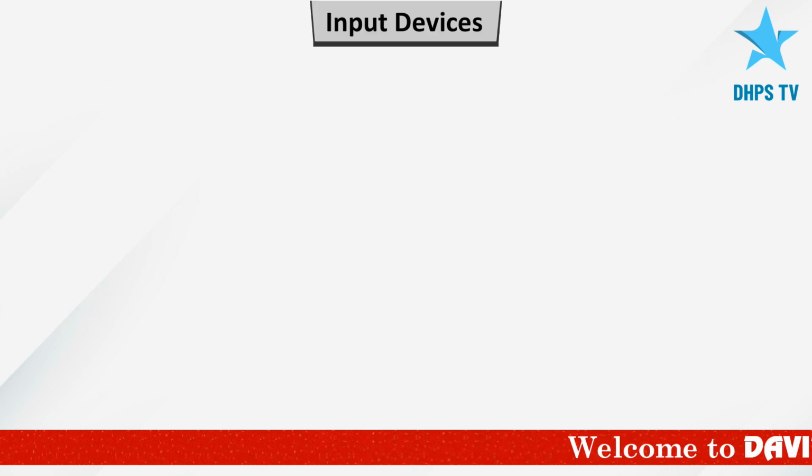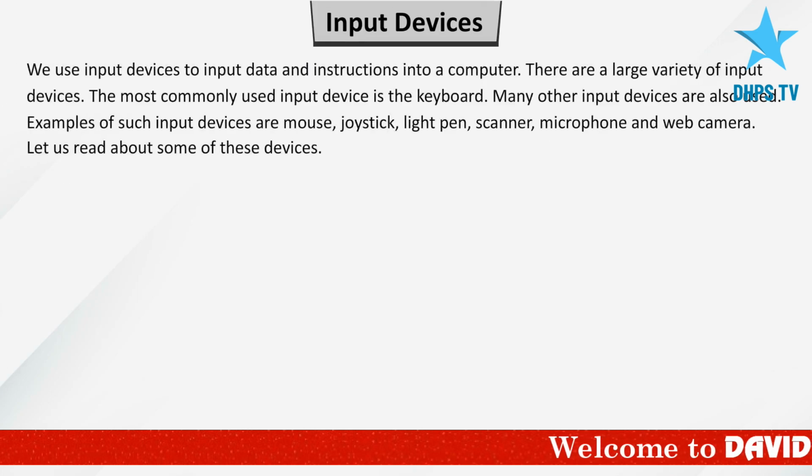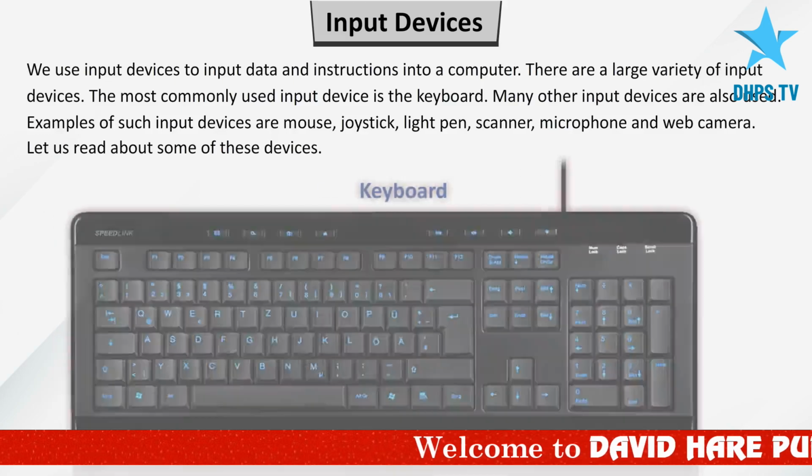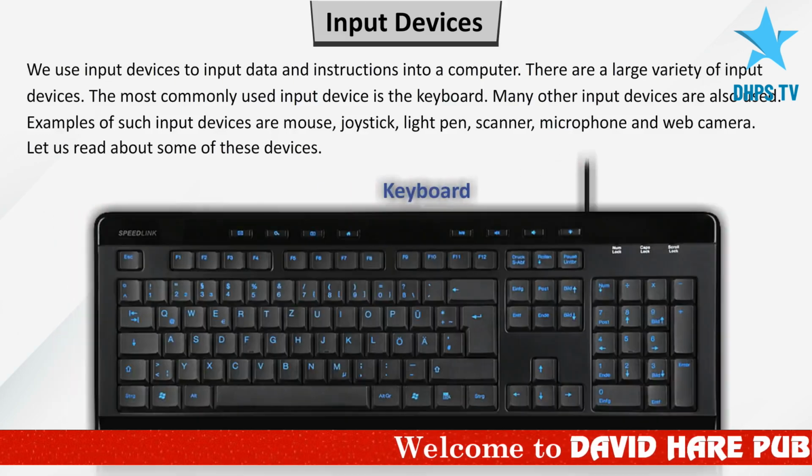Input devices. We use input devices to input data and instructions into a computer. There are a large variety of input devices. The most commonly used input device is the keyboard. Many other input devices are also used.